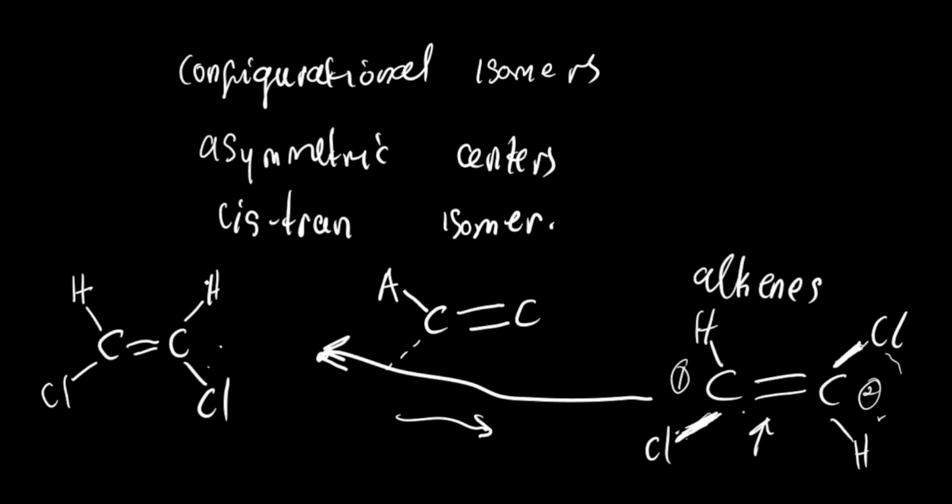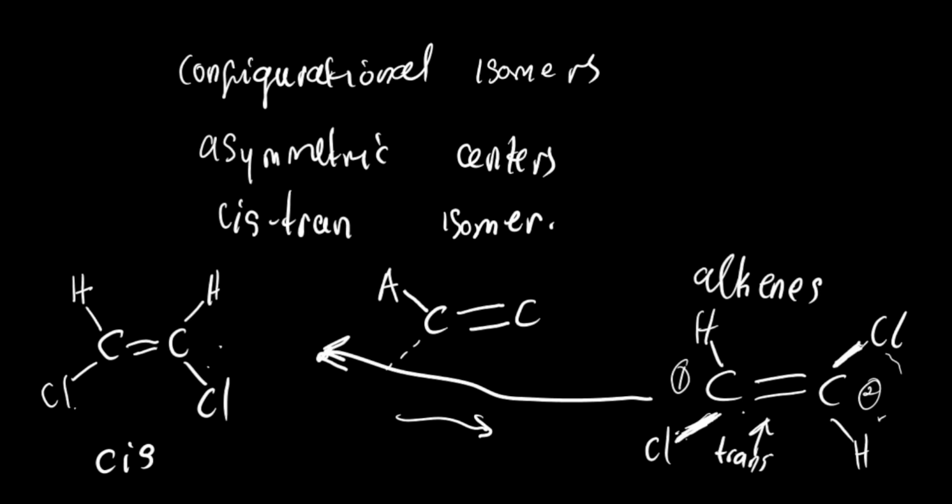I hope we understand that. So this is a configurational isomer, the cis-trans isomer. This has the cis orientation because the chlorine atoms are on the same side, and this has a trans orientation because they are on different sides.